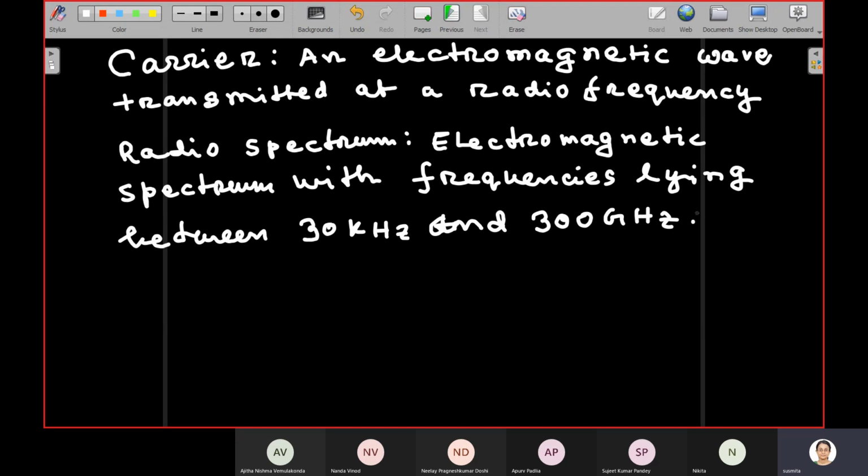Okay, so this is typically defined as the radio band or radio spectrum.